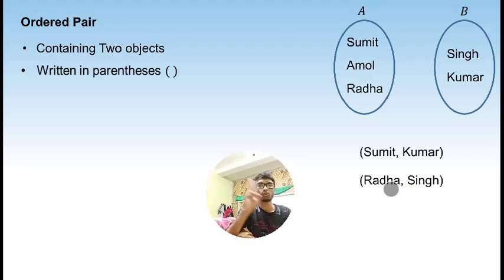In this we have two objects, and these two objects are in the parentheses, separated by a comma. Next, we are saying Singh has a relation with Radha. First Singh will come, then Radha. So Singh, Radha.